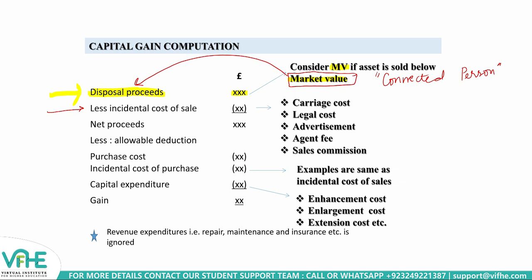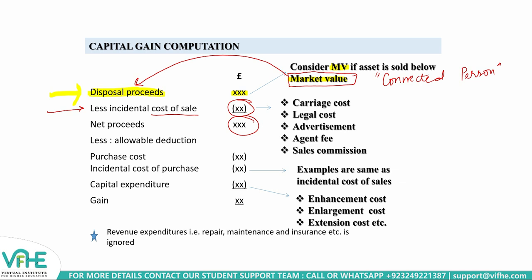So for instance, if I am a UK resident person and I am going to dispose of my chargeable asset, I need to see how much cost I have incurred in order to make the sale happen. Whatever cost I have incurred, whatever expense I have incurred for the sake of sale, is deductible against disposal proceeds in order to see what our net proceeds are.